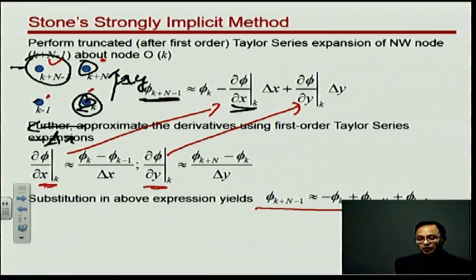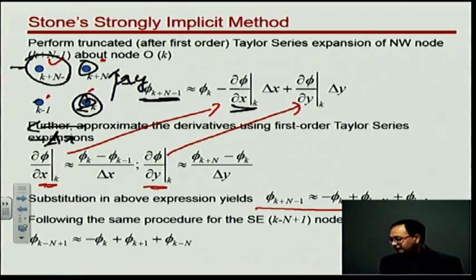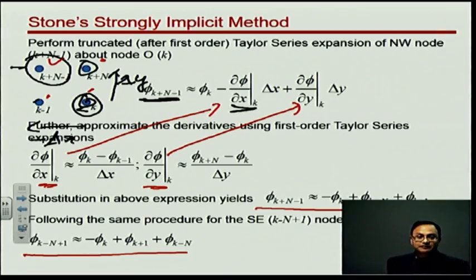It's only accurate up to first order accuracy, but nevertheless it's a valid approximation. And if you use the same procedure, you can do it for the southeast node. You're going to get an expression which looks like that.